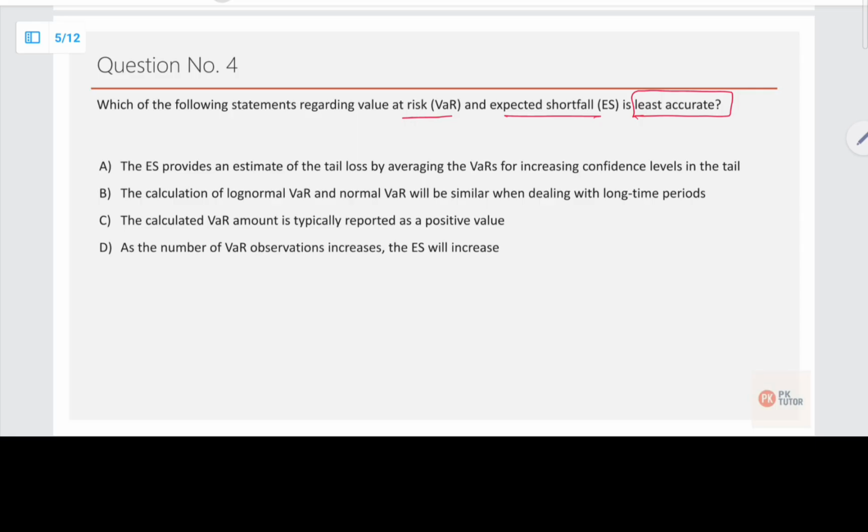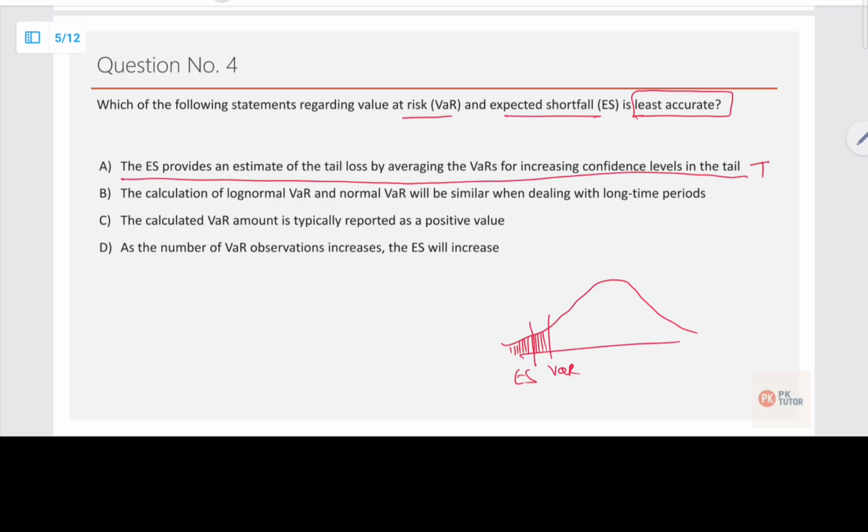Okay, so the ES provides an estimate of the tail losses by averaging the VaR for increasing confidence level in the tail. So this is the true statement. If you see, this is the VaR level, and you take all the average here. So yes, this is what it is stating. This is true.